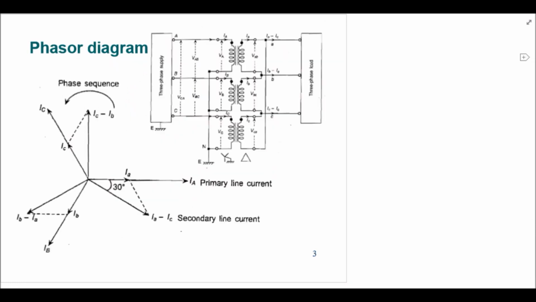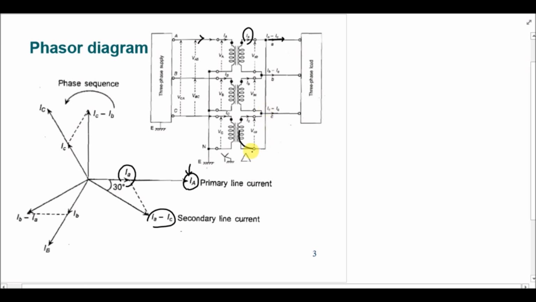From the basic theory, we know that this IA is the primary current flowing through the line, and this small Ia is the secondary phase current passing through the secondary winding of phase A. But the current coming out at the terminals of the transformer is Ia minus Ic, because the secondary of the transformer is connected in delta.